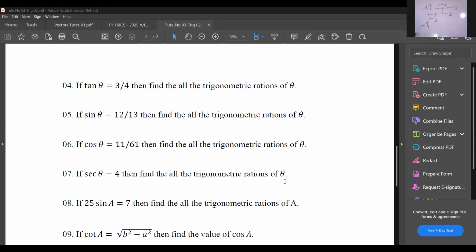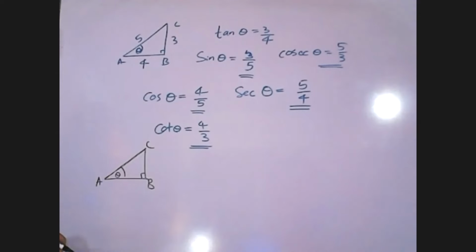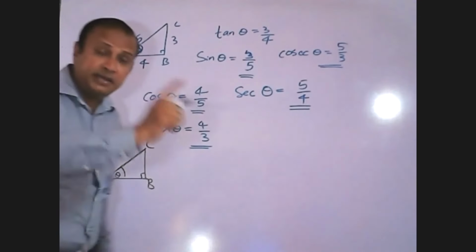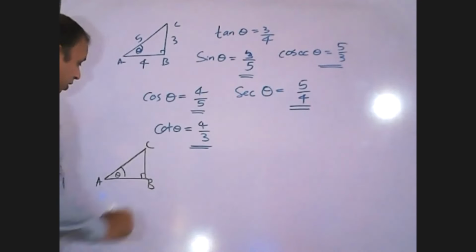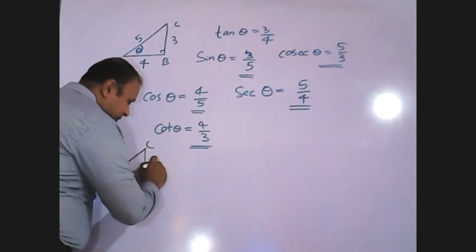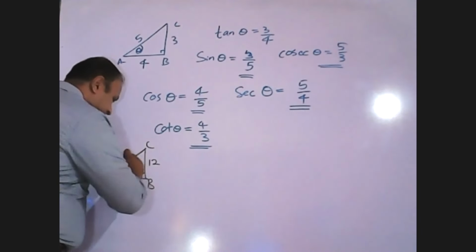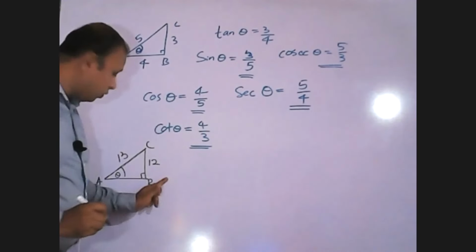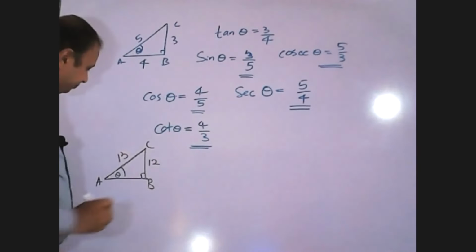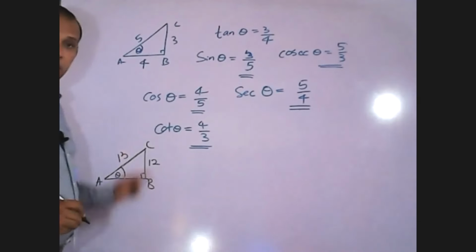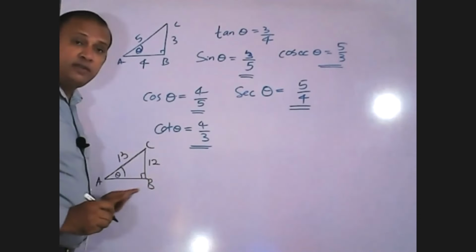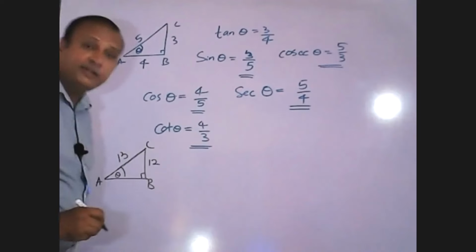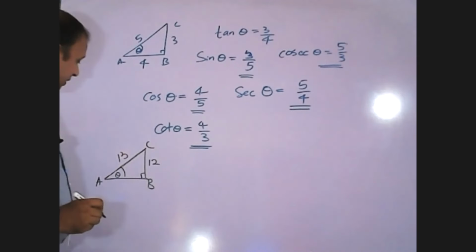According to the given data, sin theta is equal to 12/13. Sin theta means opposite side over hypotenuse. So if you know these two sides, you can find the other side using the Pythagoras theorem.